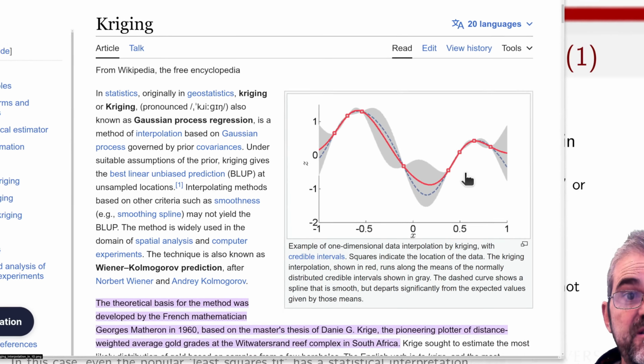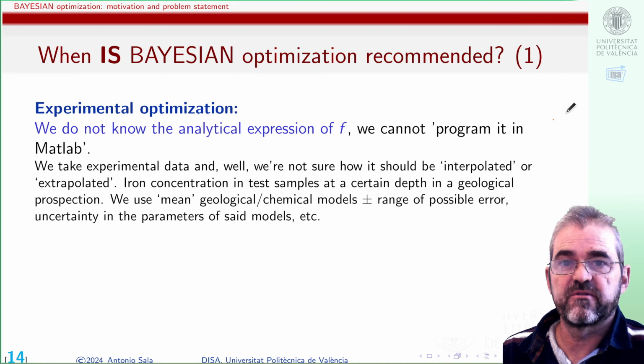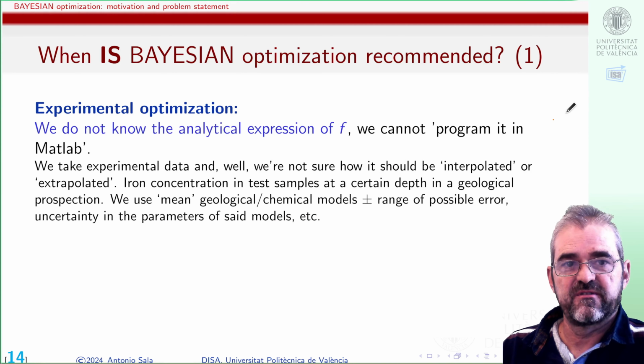So it started up in geology and mining, at least in the application point of view, stochastic processes and the like were studied in abstract terms by Einstein and colleagues.